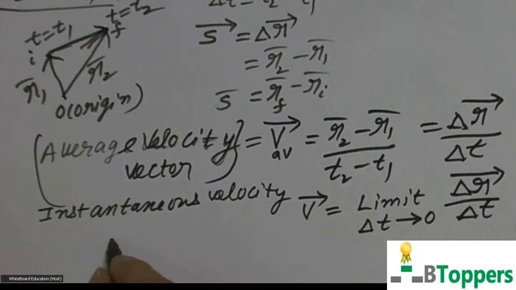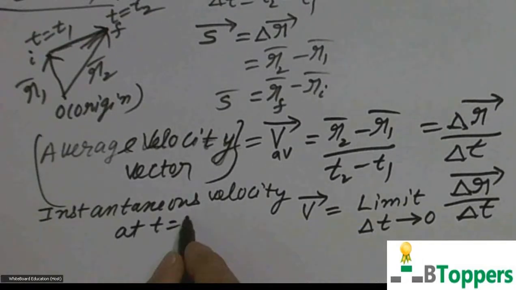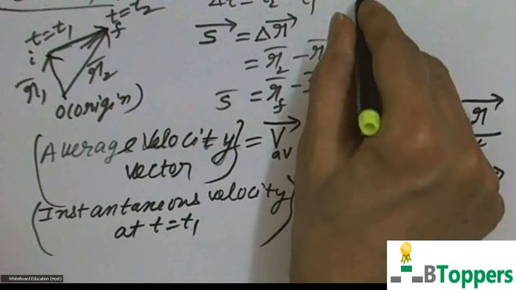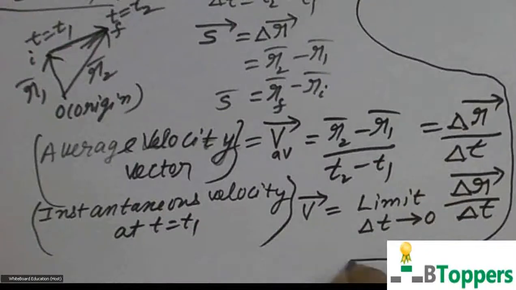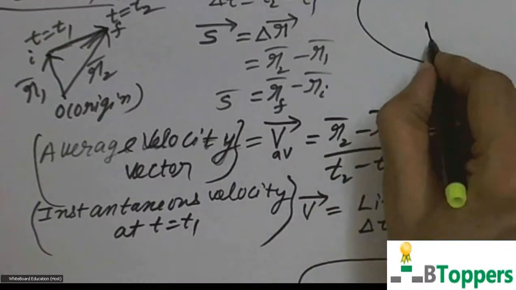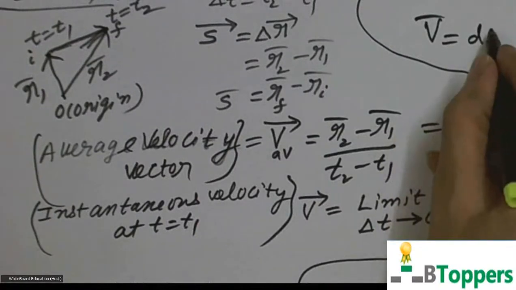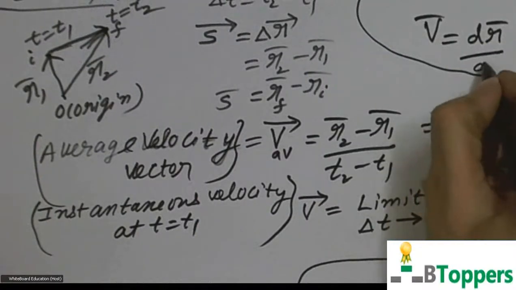So in calculus, the instantaneous velocity at the instant t equal to t1 is written, in calculus notation, as v bar equal to dr bar by dt.